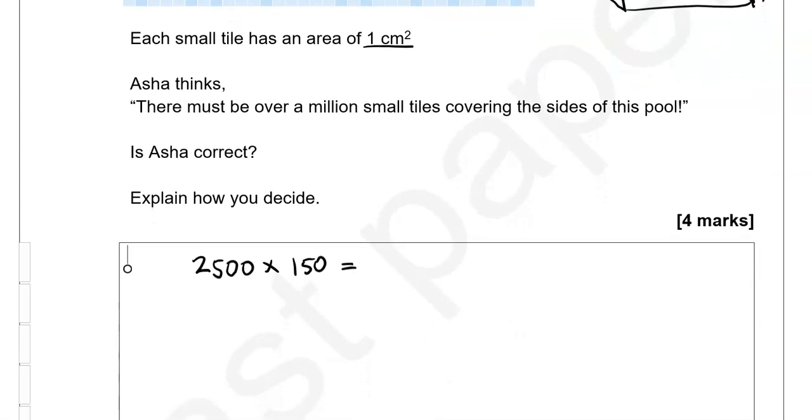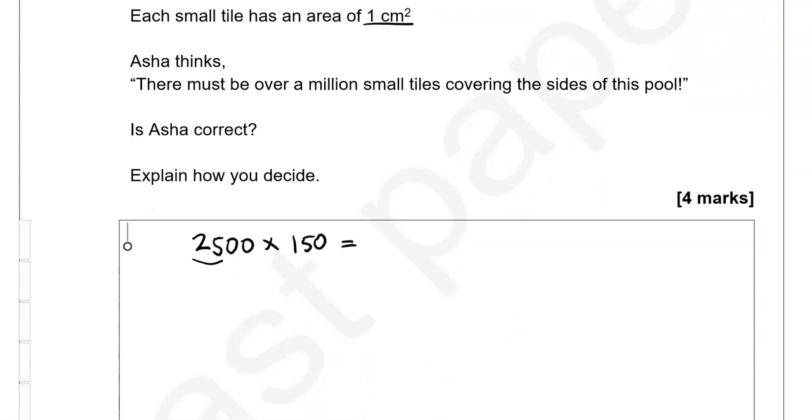So if we try and multiply 25 by 15, 5 times 5 is 25, 5 times 2 is 10, and 2 is 12. Putting 0 down, 1 times 5 is 5, 1 times 2 is 2.